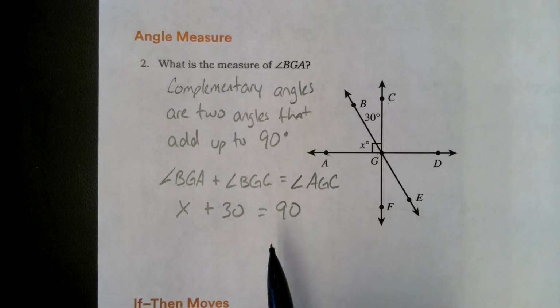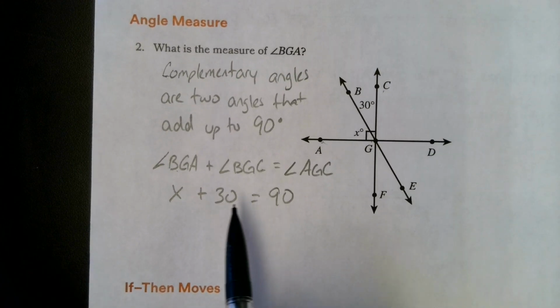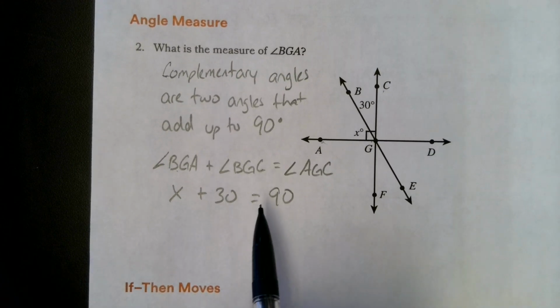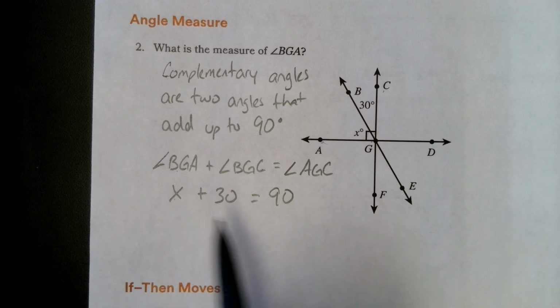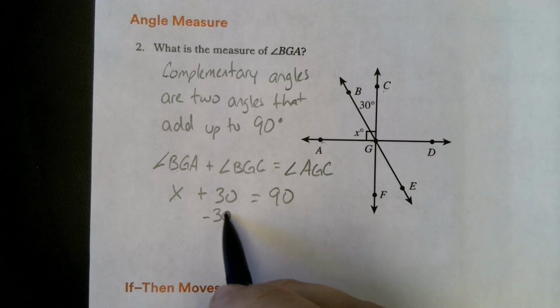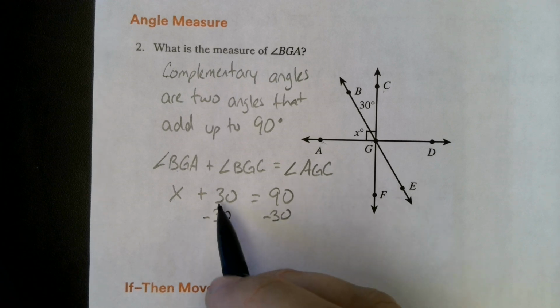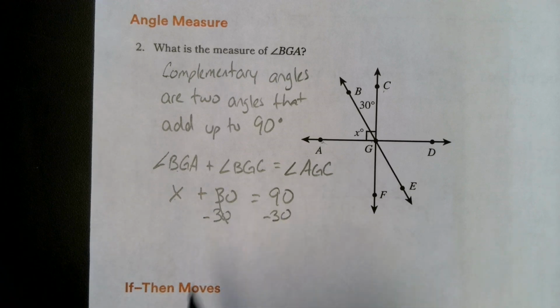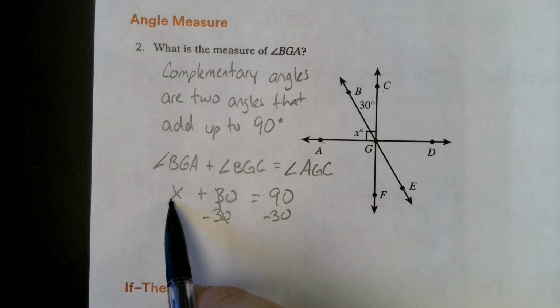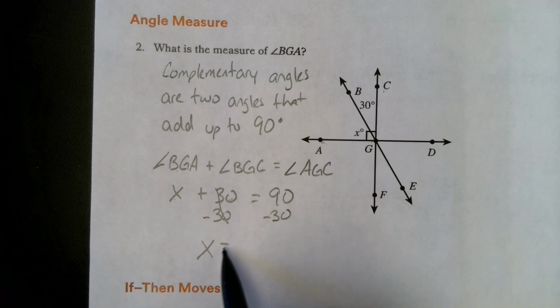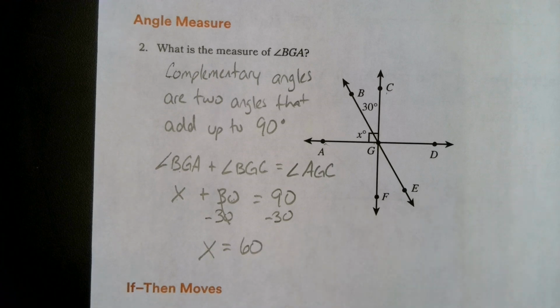Well, this is a simple one-step equation. I know you can probably look and say, oh, I know that's 60. But mathematically, we have to eliminate the constant number. We do inverse operations. We want to get x all by itself. X equals 60 degrees.